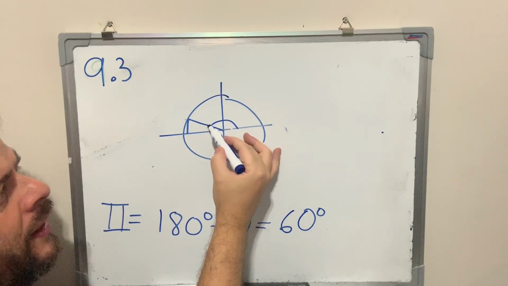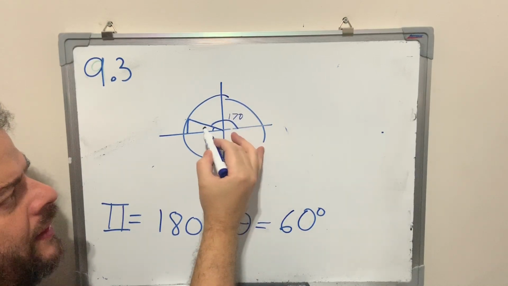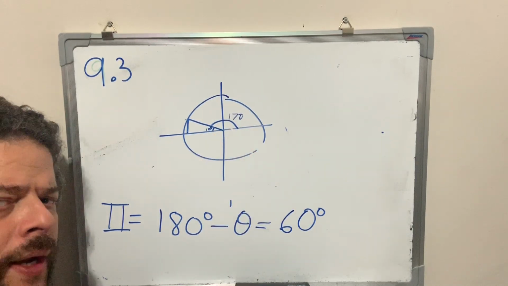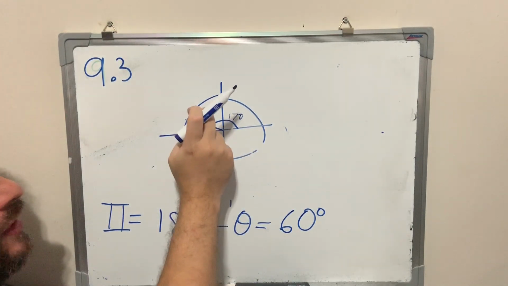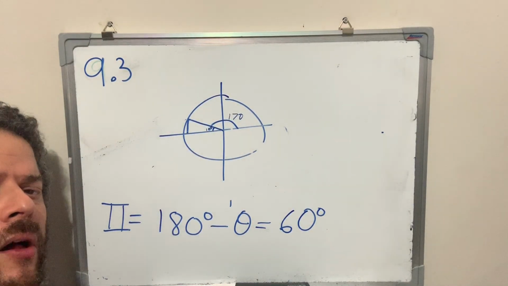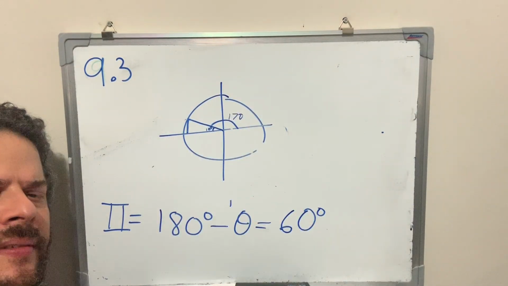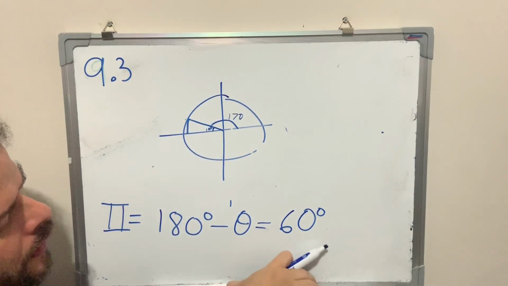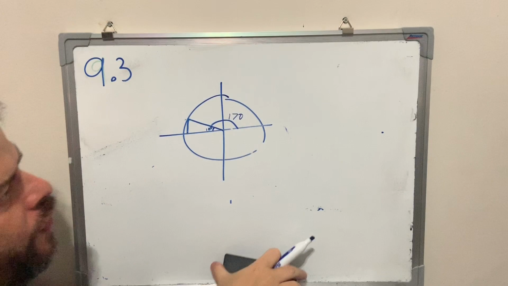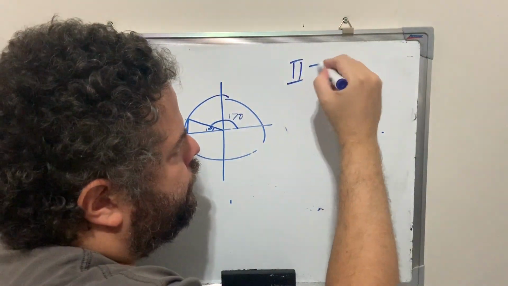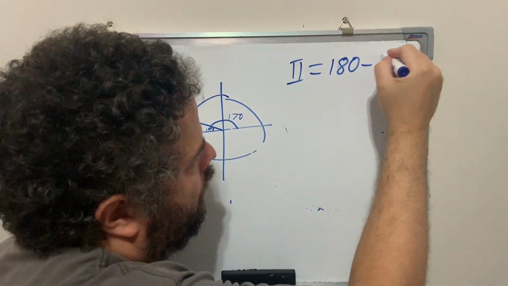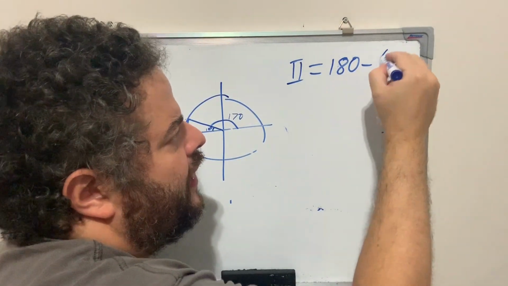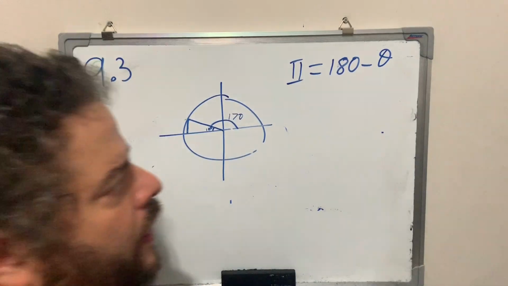If this angle is 170, this one would be 10 degrees, because together they make up 180. So in the second quadrant, no matter where it falls, 180 minus the original angle will give you the reference angle. Let me write this formula here so you can see it. Theta is like a variable angle, okay?